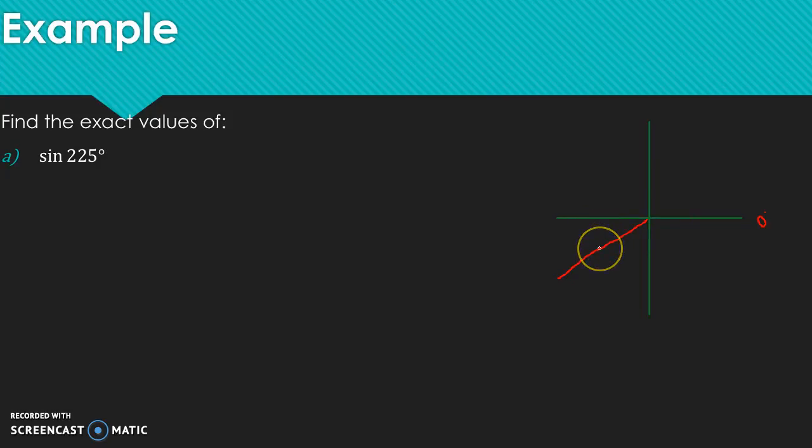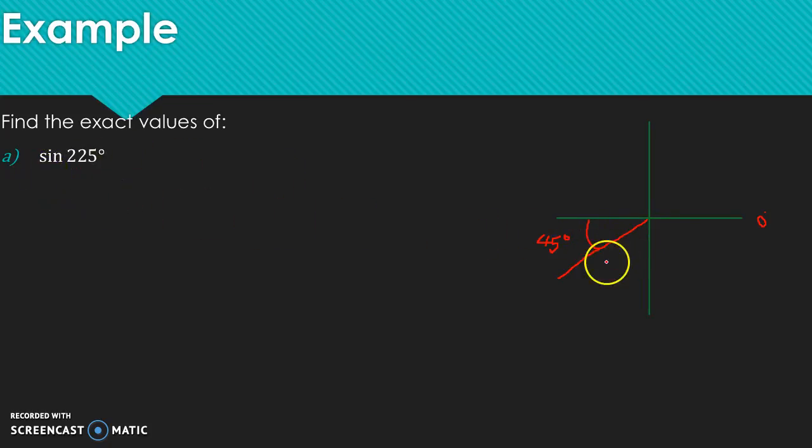And what we're interested in is the angle to or from the horizontal. So from 0 degrees to 180 is 180, obviously, meaning this angle in here is going to be 45 degrees. So there is 180, from the horizontal down is 45 degrees.